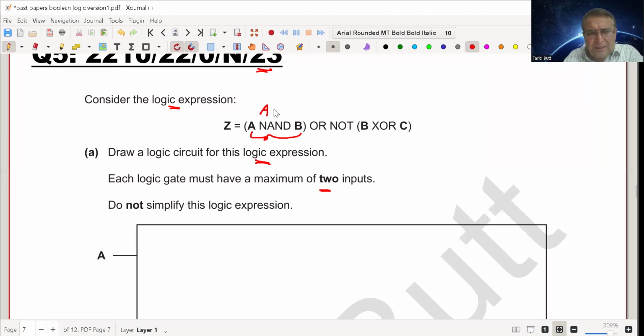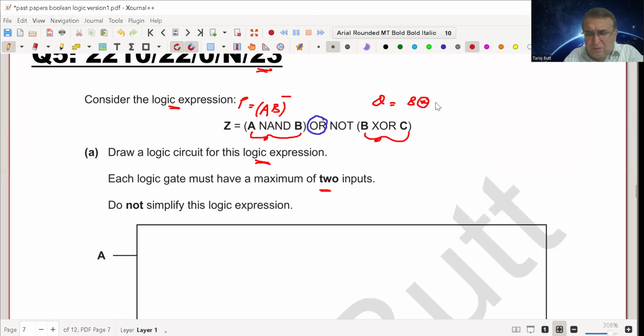So A and then not, whole not. This is A and B, A into B, and then whole complement. Call this P. Then OR, and then not of this B XOR C. Let me call this sub expression B XOR C as Q. You can write down the Boolean expression if you want.